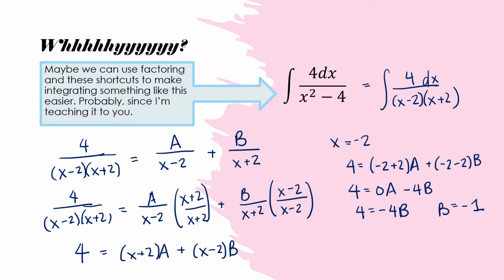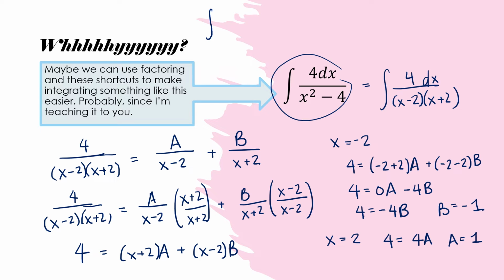Likewise, I would probably pick x equals positive 2 next, and by the same thing get an equation that was 4 equals positive 4A plus 0B, and A must be equal to 1. So instead of integrating this thing, now I can integrate two separate fractions.